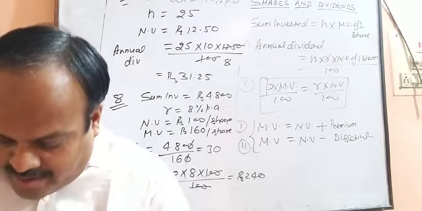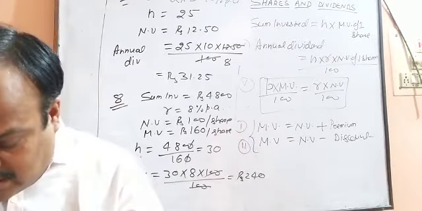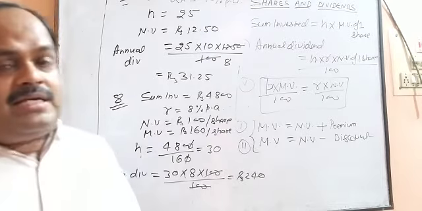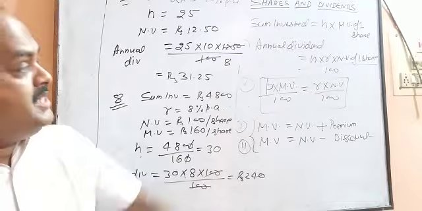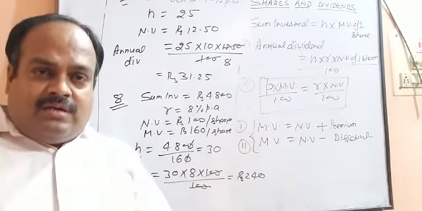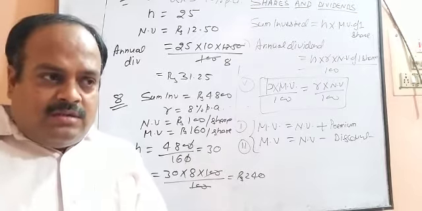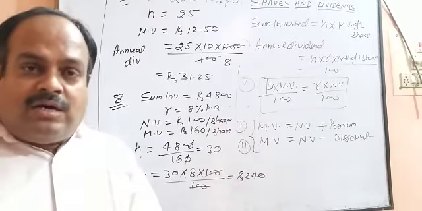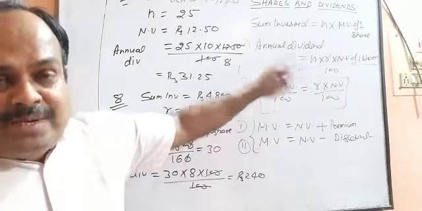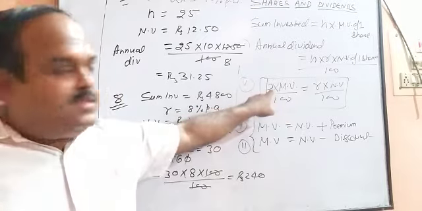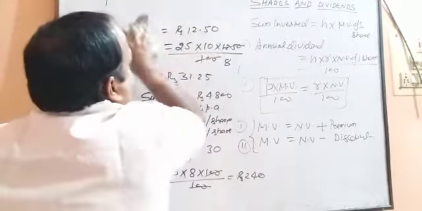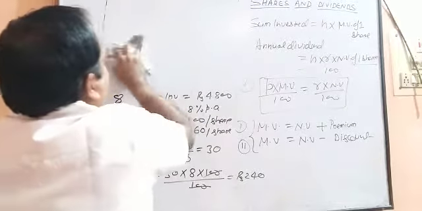Now the second part: the rate of interest he gets on his investment. I will find it, which is P, using this formula. The rate of return received by a shareholder on his investment is expressed by the symbol P, the profit percent calculated on the sum invested.